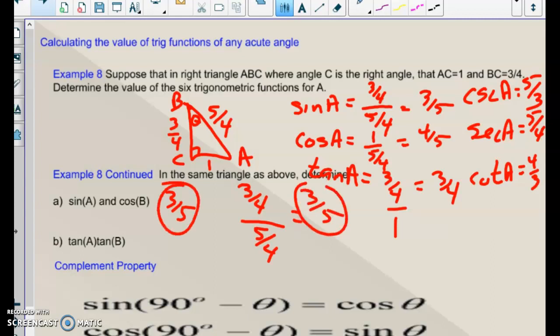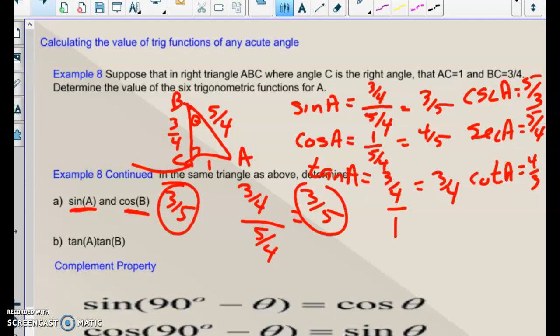So the sine of A and the cosine of B are always going to be equal to each other as long as A and B are complementary, or they have to add up to 90. And that works in right triangles.